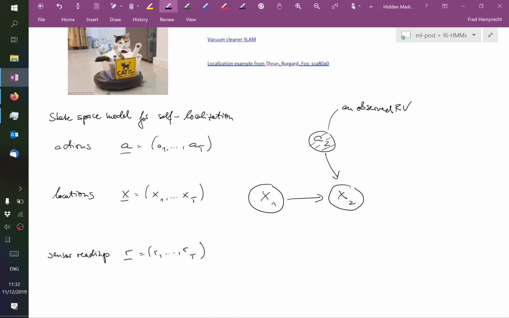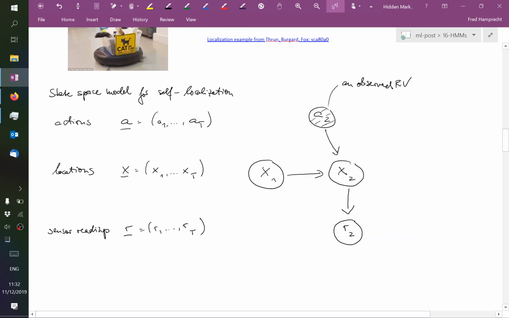Now, we also have these sensor readings. And the sensor readings, they are, of course, determined by where we are. So we would have here a sensor reading R2. They're also dependent on the world that we live in.